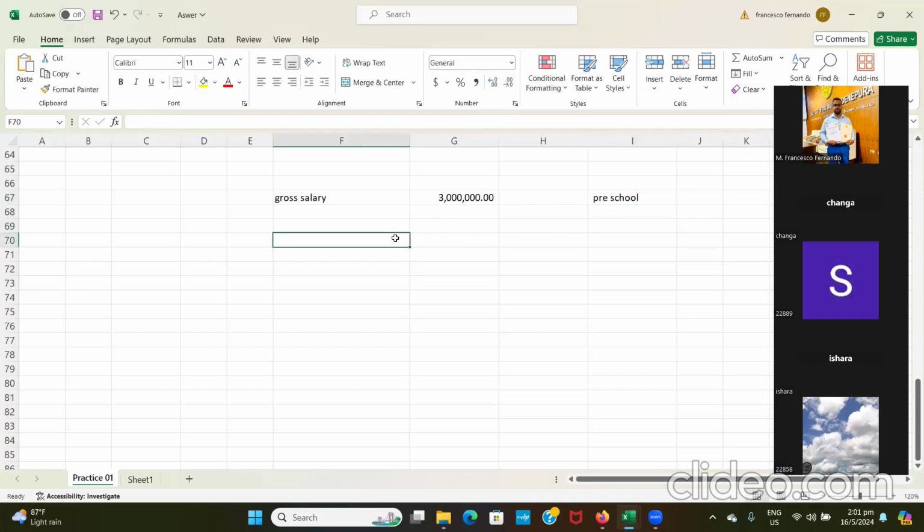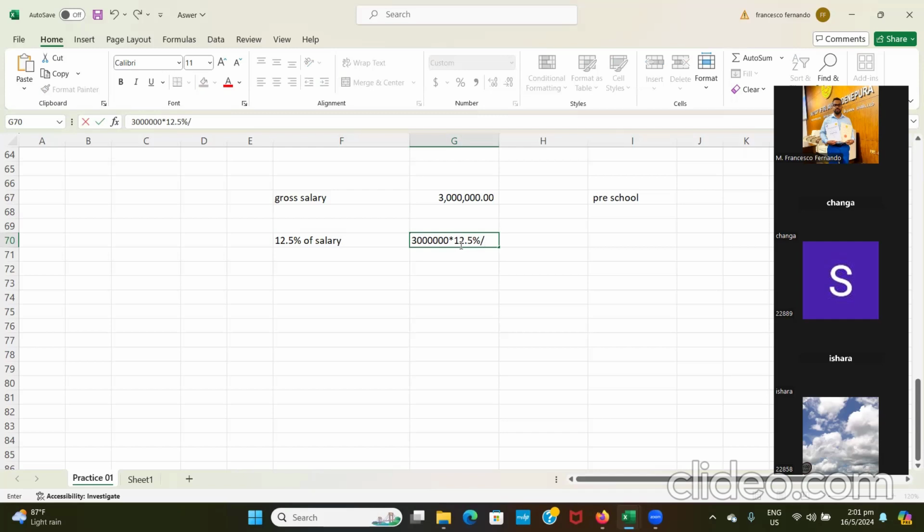As per the IRD rule, it is 12.5% of the salary. Which kind of salary? Gross salary. So here 300,000 into 12.5%. And this is the annual value, right? So what we can do, we can take the monthly value first, which is 31,250.